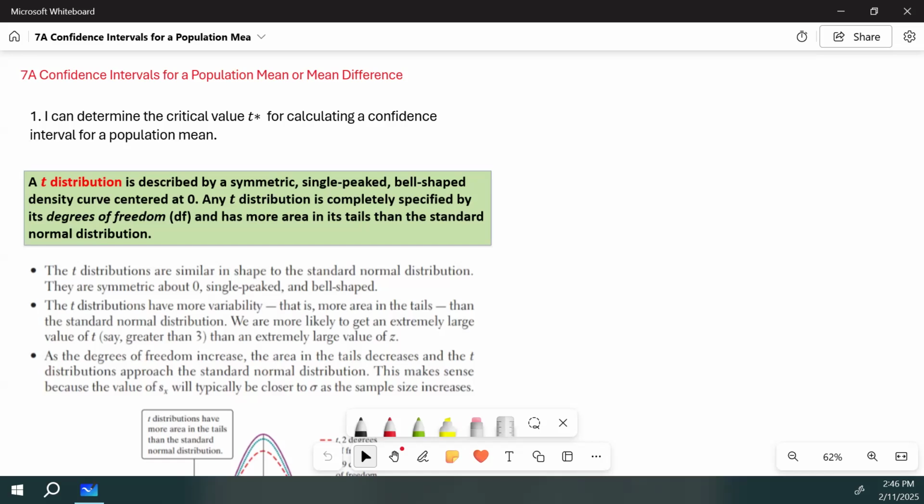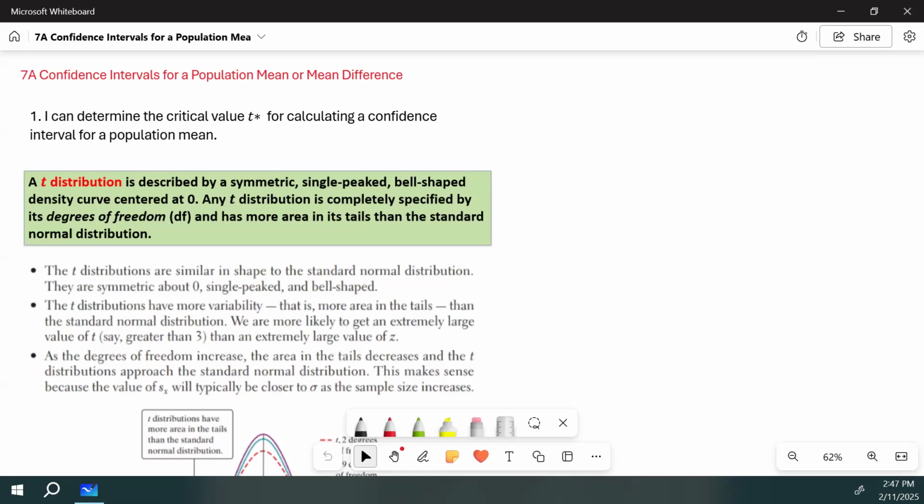So when we're constructing a confidence interval for a population mean, we use what's called the T star critical value rather than a Z star critical value whenever we use the sample standard deviation to estimate the population standard deviation. The critical value is denoted with a T star because it comes from what's called the T distribution.